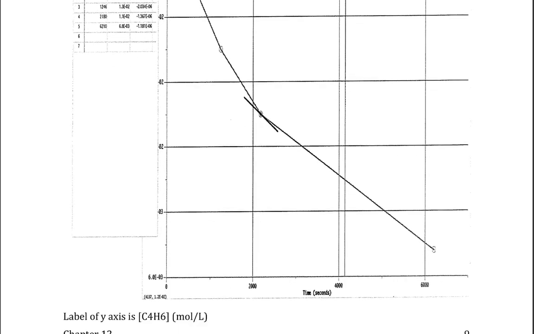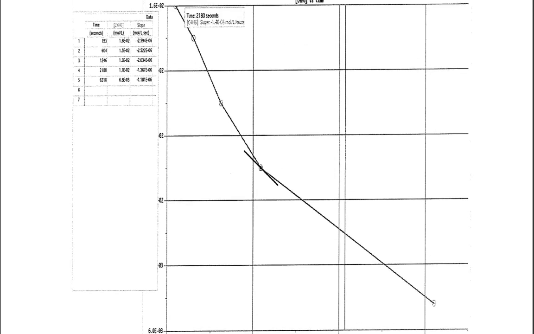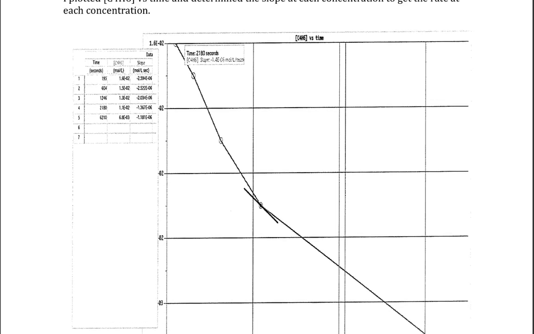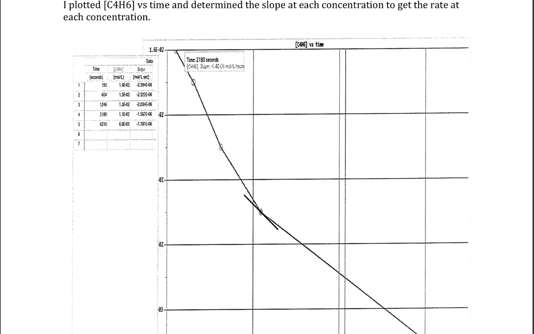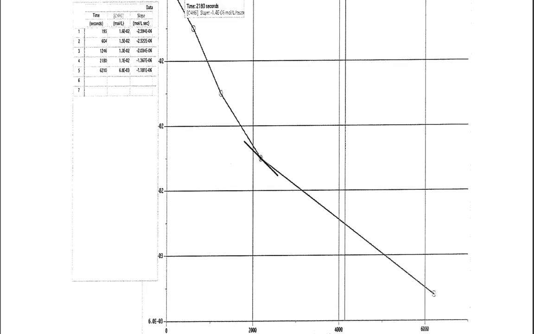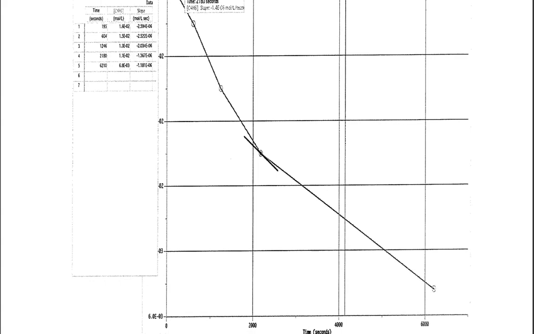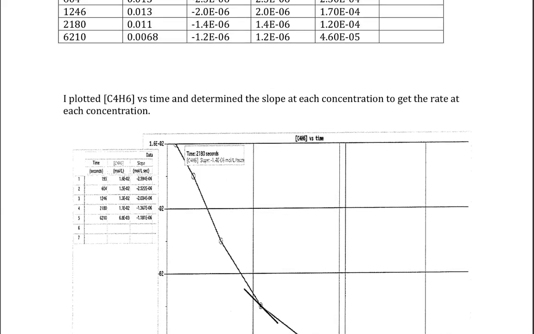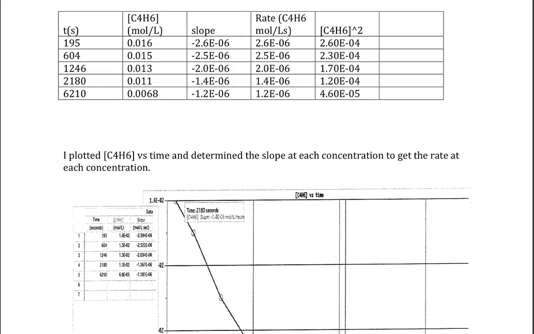concentration versus time. And by the way, the table on the left there of the graph is covering the label for the y-axis. The y-axis label is the concentration of the C4H6 in moles per liter units. And so I did the fitting at many different time values and got the slopes.